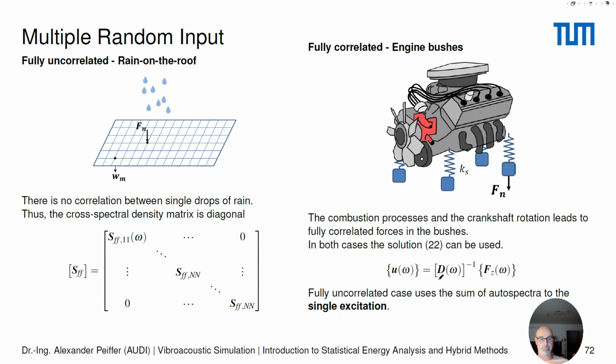So we will have a fully populated matrix, but we should not forget, if we have a fully correlated solution, we can stay with the solution as given before.